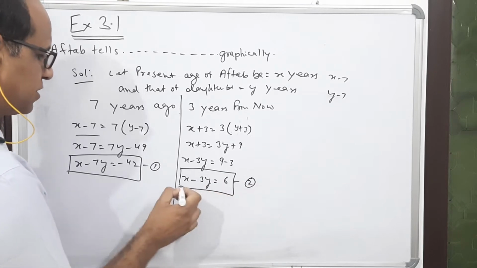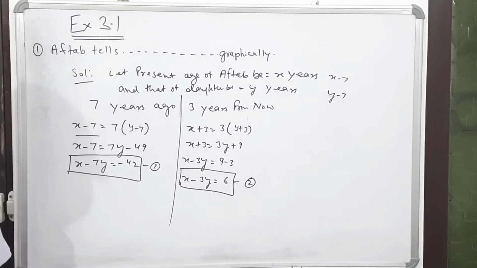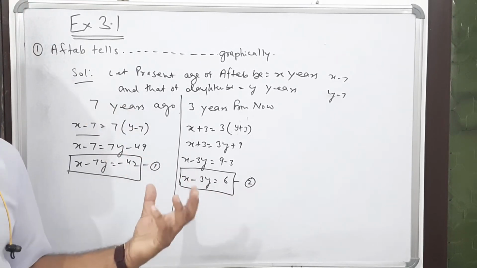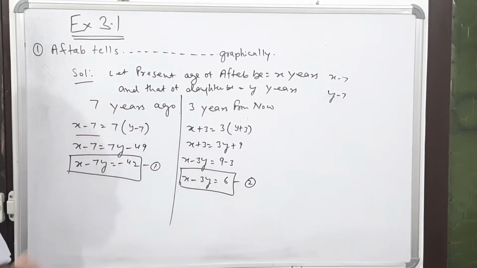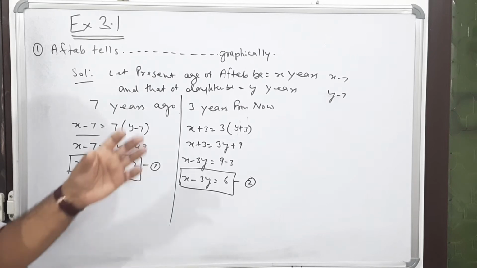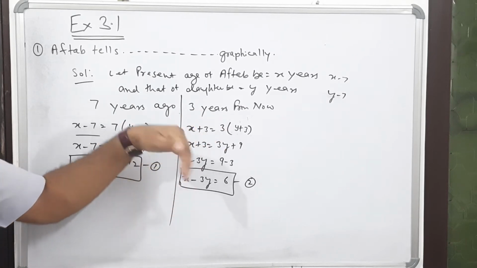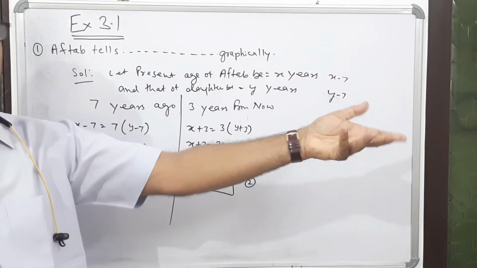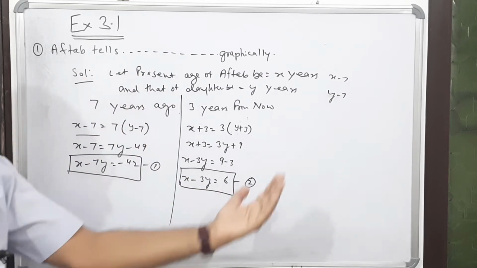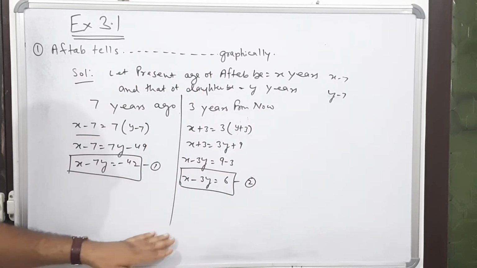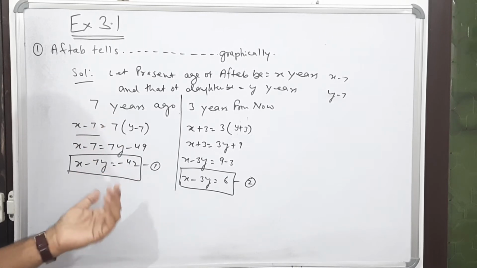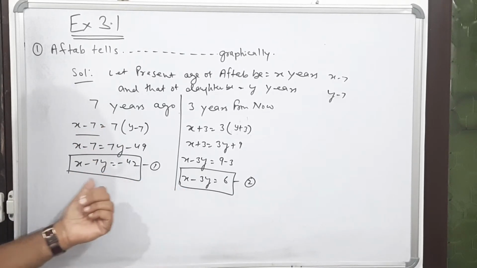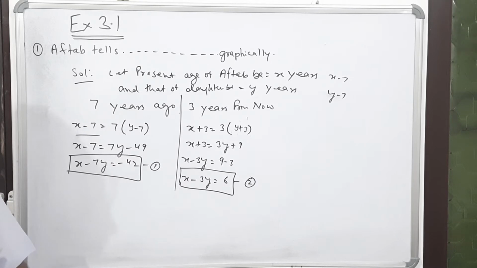So this is the first most important part: how to frame a linear equation in two variables from the conditions which are given in the sum. 3 years from now means we will go to the plus side; 7 years ago means the minus side. Now in the exercise it is given that we have to draw the graph of these two linear equations.